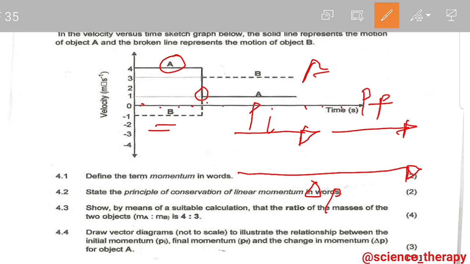But if we look at the graph of B, object B was going westward, at -1 meters per second. Now, after the collision, what happened? It now changed the direction. So after the collision, this is what happened. So this was the object B going, and then now after the collision, it goes that side, right?